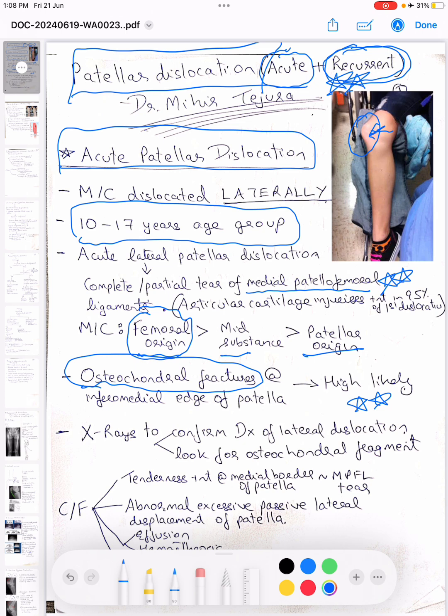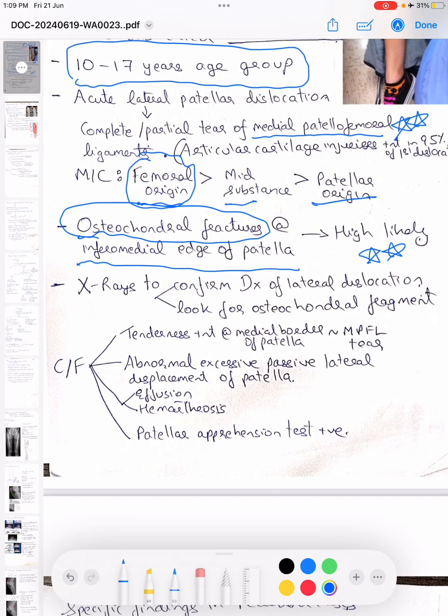Most commonly we get it from the inferomedial edge of the patella. Whenever we get a large osteochondral fragment, clinically you most probably find a hemarthrosis. So whenever you get a hemarthrosis, the suspicion should come to your mind that there might be an osteochondral fragment which might require operative fixation. We are going to discuss this in detail. These are some of the important points to discuss at the beginning.